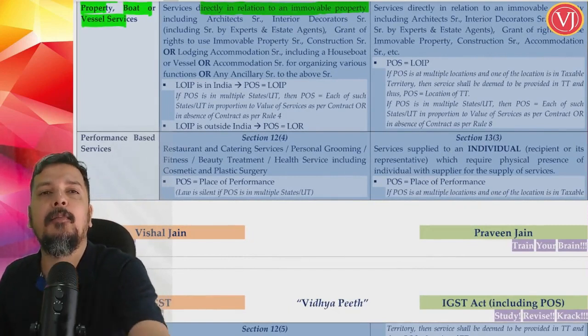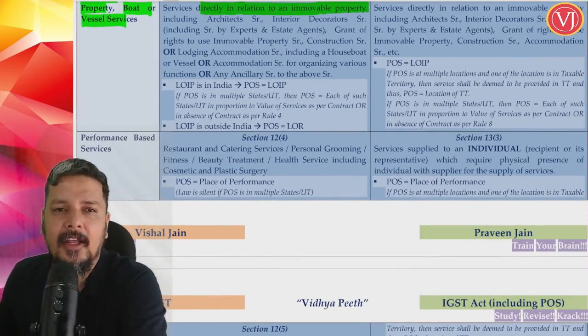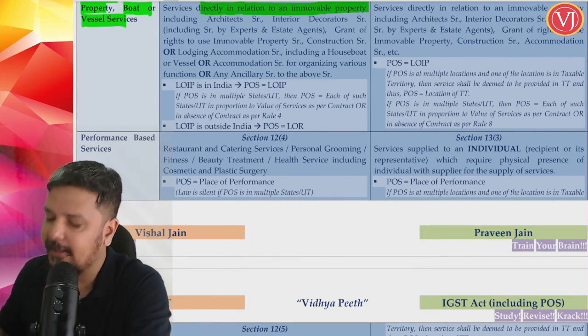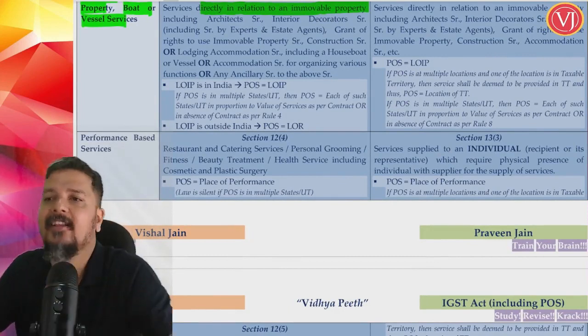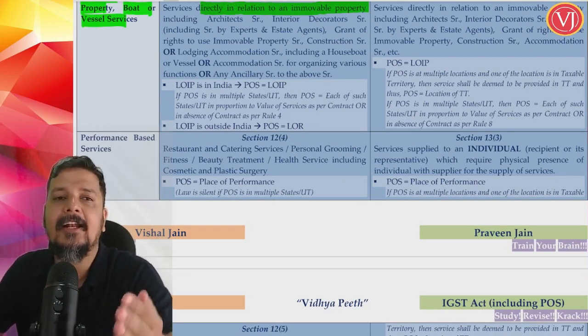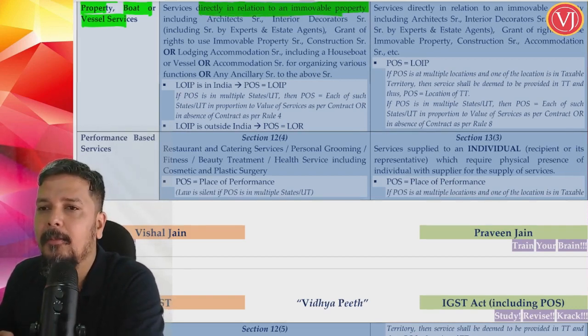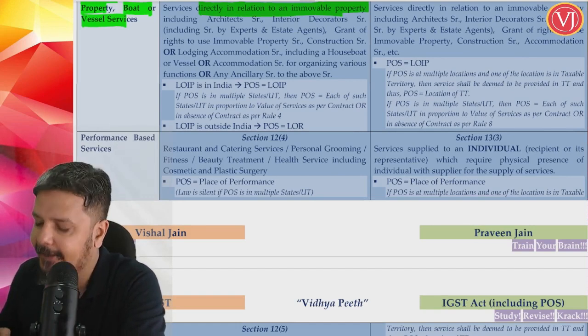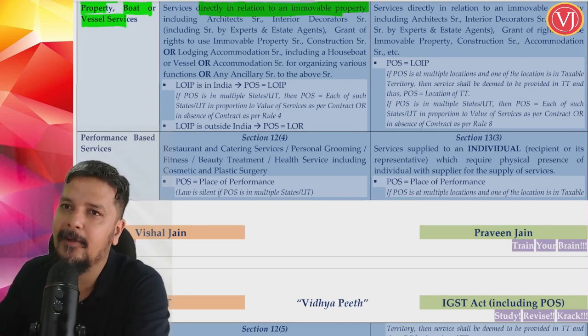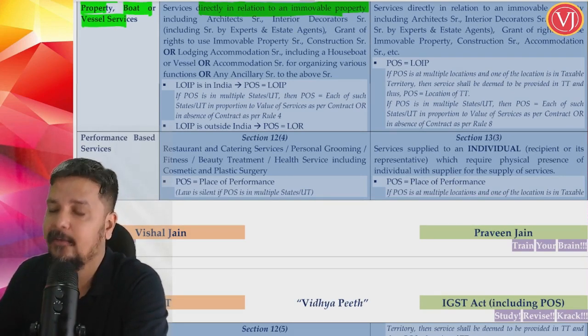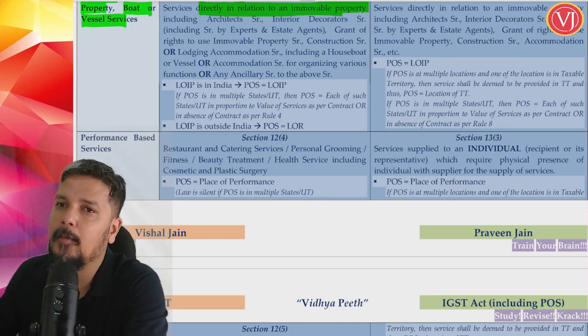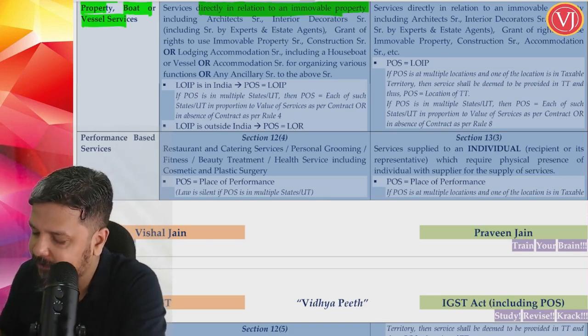Grant of right to use immovable property is nothing but renting of immovable property or leasing of immovable property, construction services. These are only examples. They are all directly in relation to immovable property, starting from architect, interior decorator, estate agent services, expert services including surveyor, renting of immovable property, leasing of immovable property, construction services.